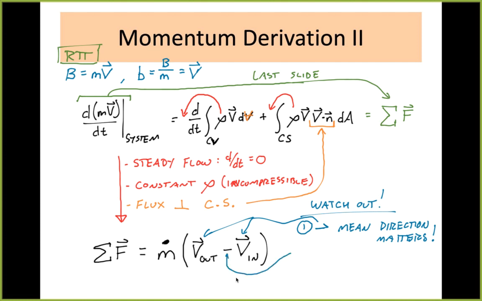Thing 2 is related. I'm just going to write the word minus. These velocities have direction, right? Each of these V in and V out has a direction. No matter what their directions are, that's a minus sign. So if velocity in is moving in the negative direction, you would have minus a negative velocity, which will turn into a plus.